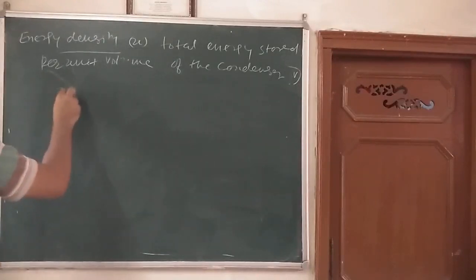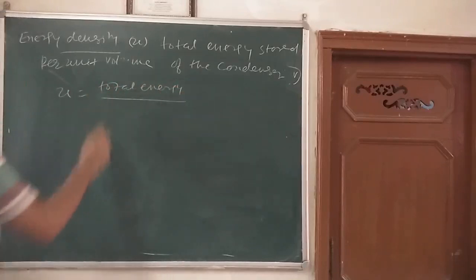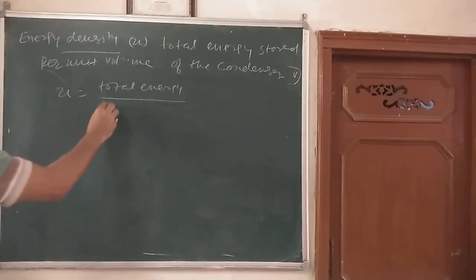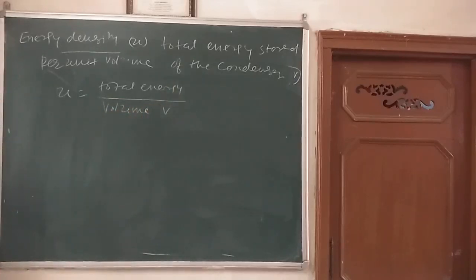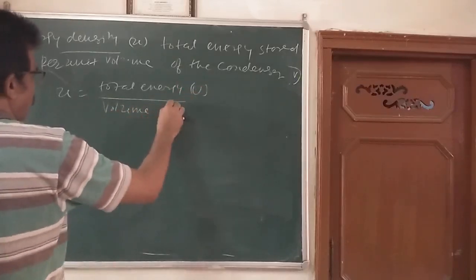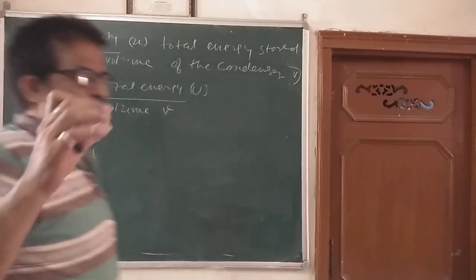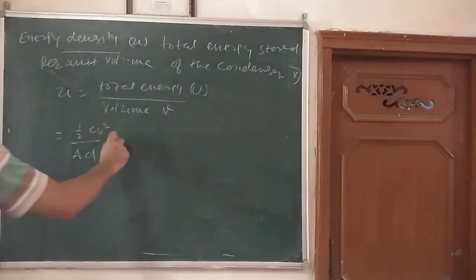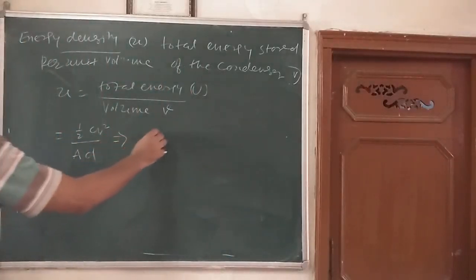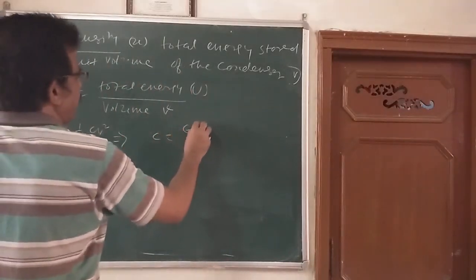total energy divided by volume V. Total energy here is capital U, volume is V. So I can write 1 by 2 CV square divided by volume, which is area into distance, होता है बच्चों. Area is capital A and the distance is d. So I can write here the formula for the parallel plate capacitor, C is equal to epsilon naught A by d.